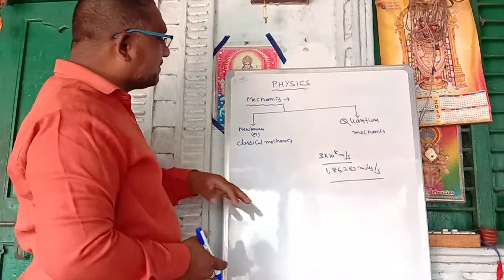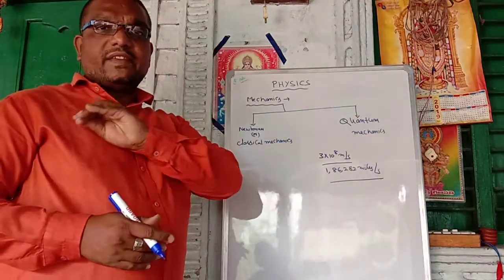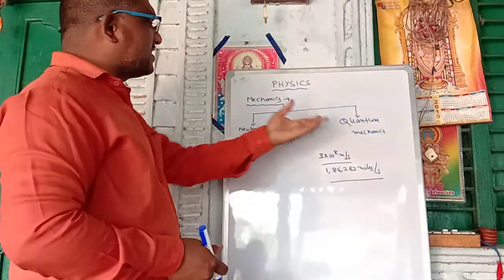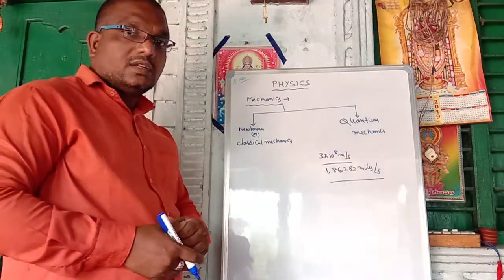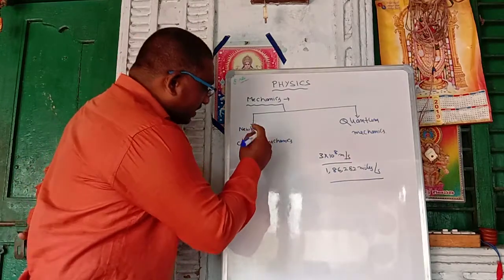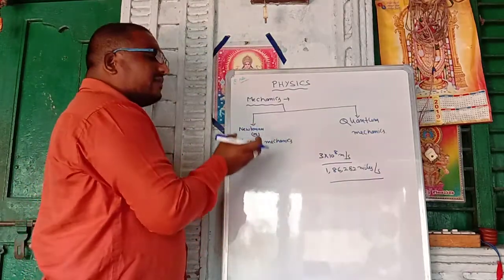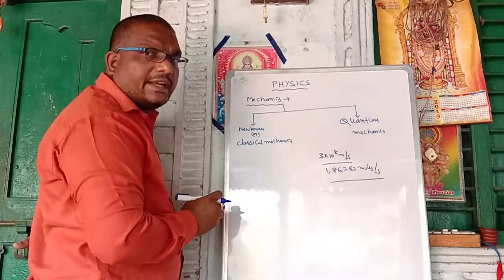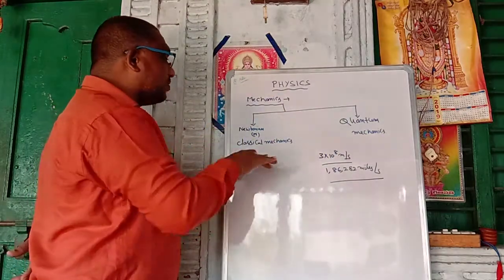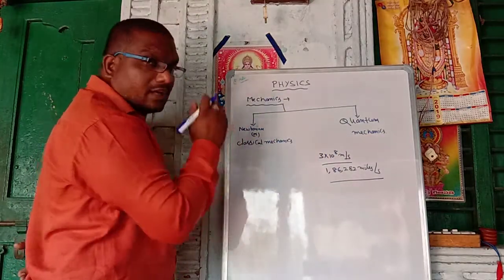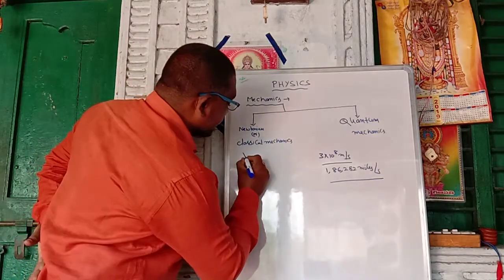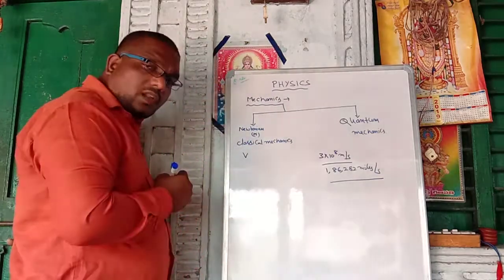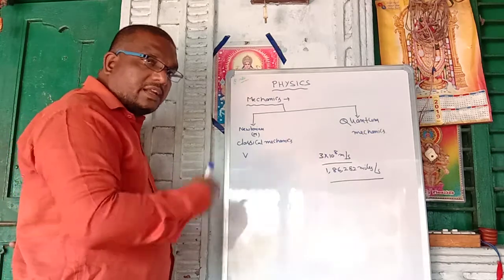So the speed of all the things around us is very small compared with the speed of light. The study of bodies which are moving with very low speed compared with the speed of light is called Newtonian mechanics. Suppose v is the speed of a body, the speed of anything.